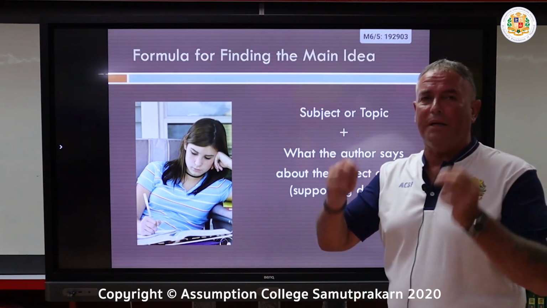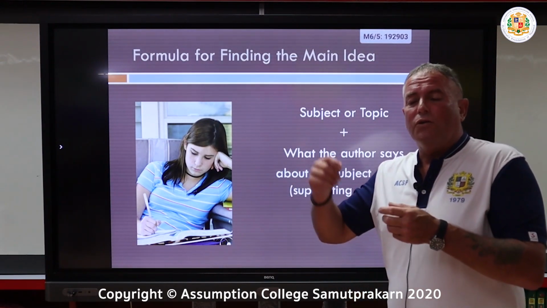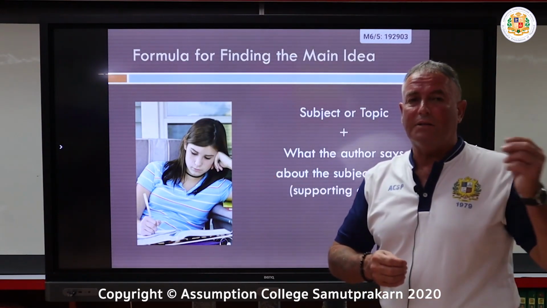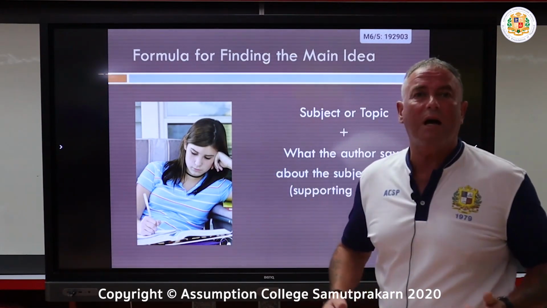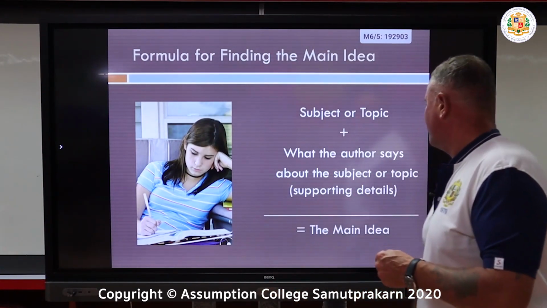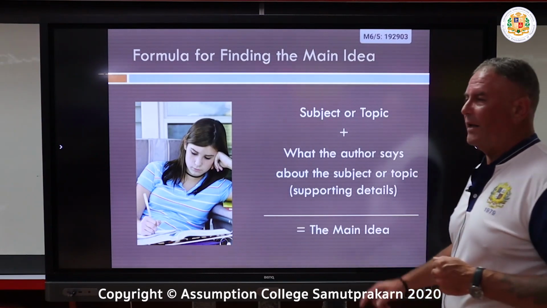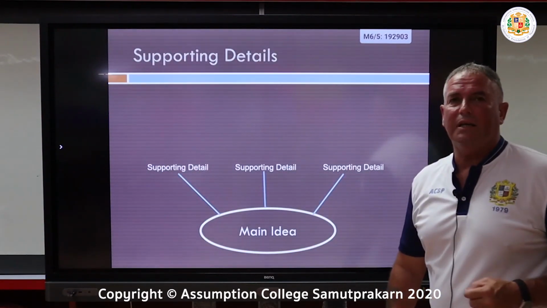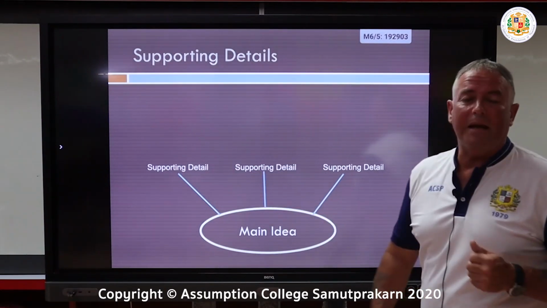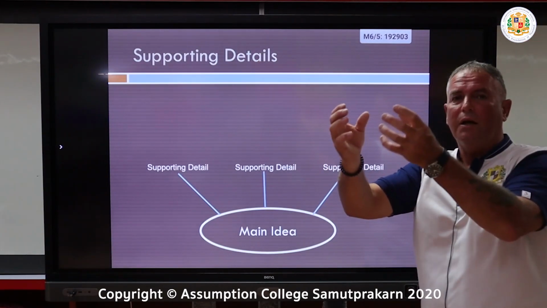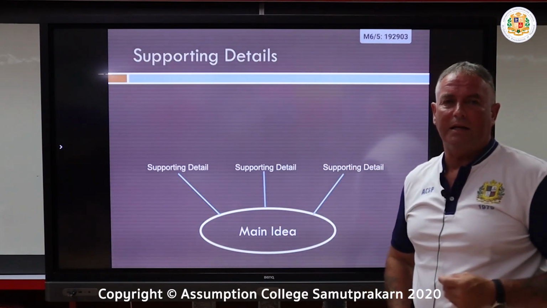These are all the pieces of non-essential or essential details that go together to tell us that penguins can't fly. This equals the main idea. So, supporting details, there can be many, and all those supporting details will tell us what the main idea is about.